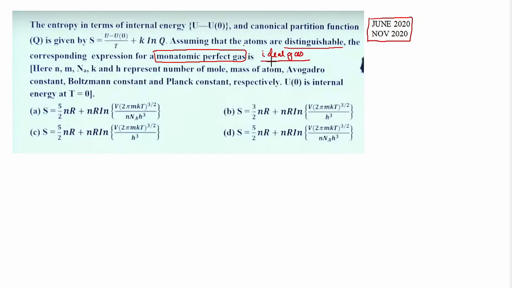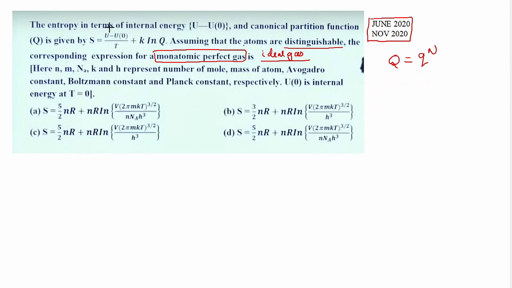So now whenever we are seeing distinguishable particles, then the relationship between the canonical partition function and the single particle partition function will be in this manner. Okay, so first let us solve this problem and look at what problem is arising.